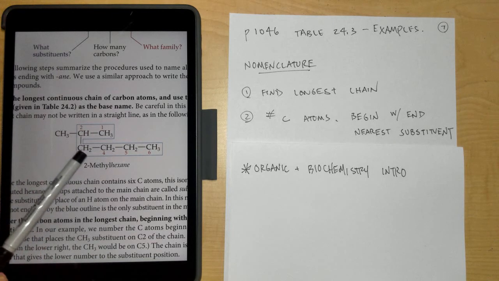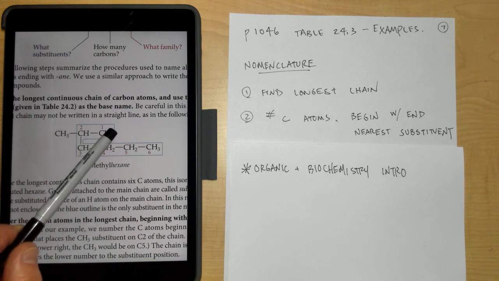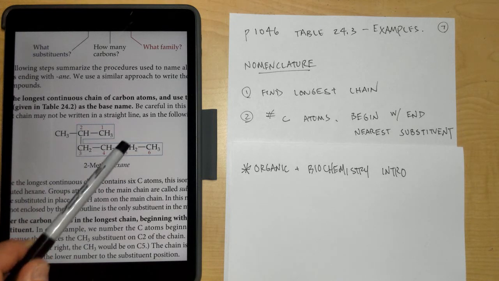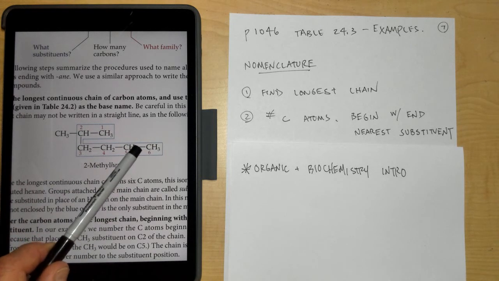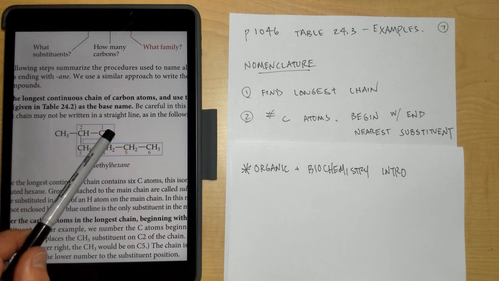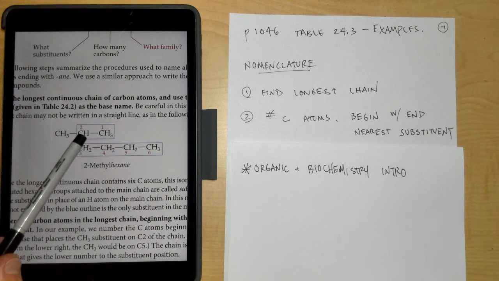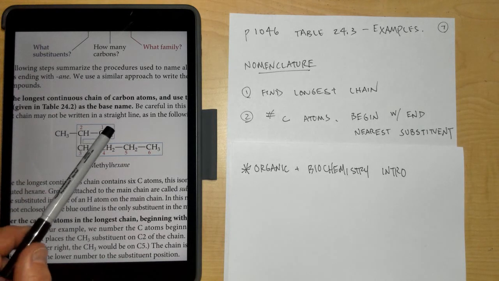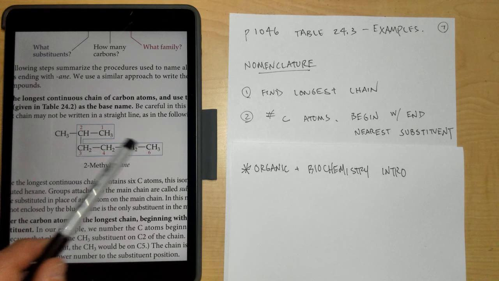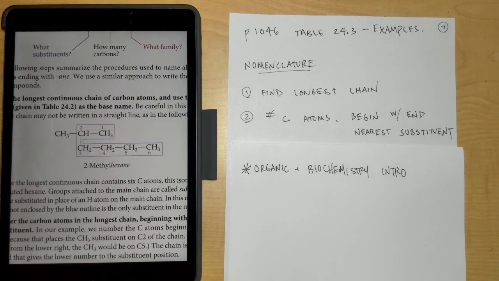And even though it looks like it goes around a corner like this, you can still see that they're connected. Now you could have numbered it from the other end, but then you wouldn't have given the substituent group the lowest number. You would have given it the number 5 instead. So you want to number it so that the group that comes off of the chain has the lowest possible number.